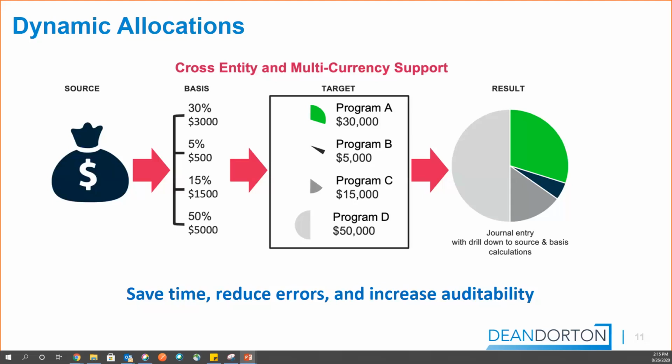Use dynamic allocations. If you have shared benefit costs that are based on headcount per entity, you can use dynamic allocations. There's no limitation now that the allocation entries have to be within a single entity. So you probably get the idea. This opens the door for so many of your cross-entity allocations to be automated and turn into a one-click event.